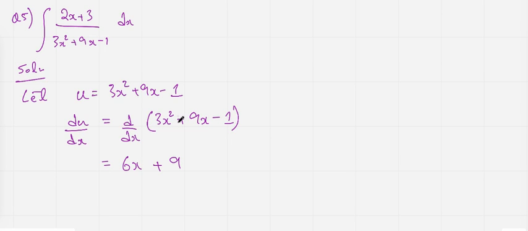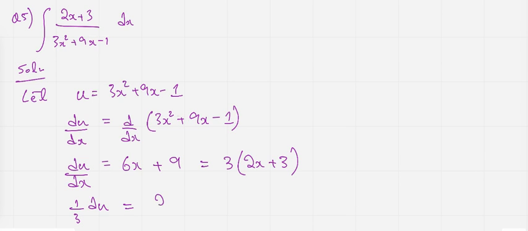You can see here that if I take my 3 common outside, I'm getting 2x plus 3 here. So that is du by dx. How about if I shift this 3 over to the left side and dx to the right side? I come to know that 1 upon 3 du is equal to (2x plus 3) dx. That's what I can replace. Beautiful.